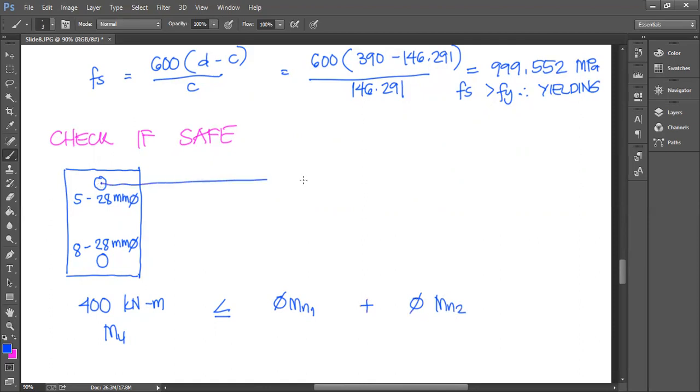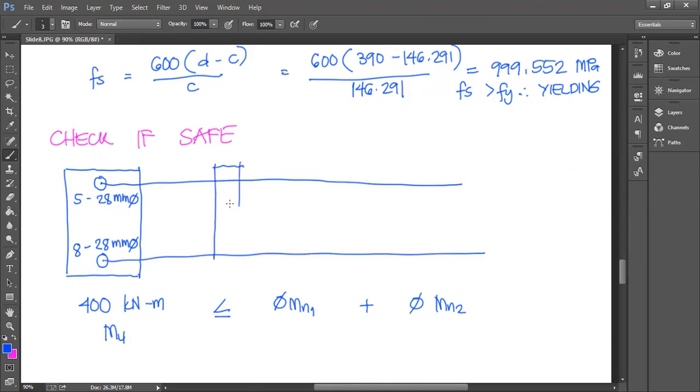In this case, pwede natin ngayong tingnan kung ano na yung magiging internal moment capacity.